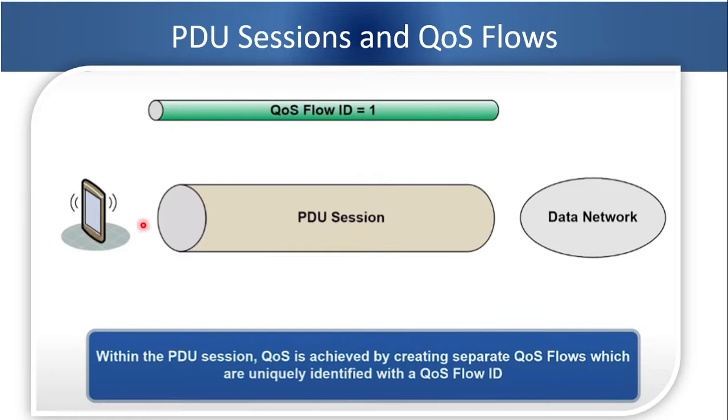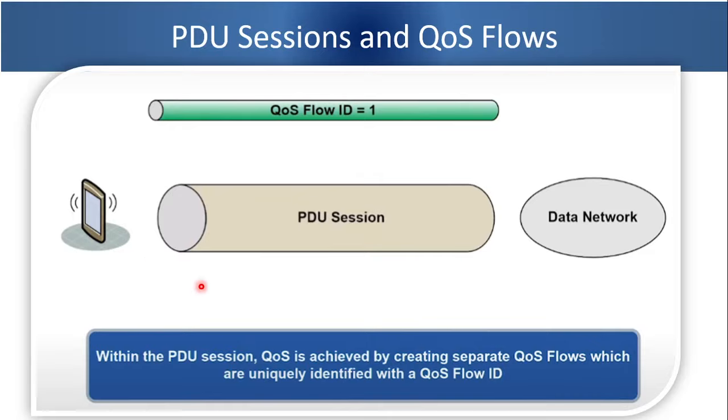For example, if it is just internet browsing, that means the quality of service is a default quality of service, which we call best effort basis. Whatever is possible by the network is allocated. Whenever the UE gets activated in the system, it is allotted a default quality of service flow initially.